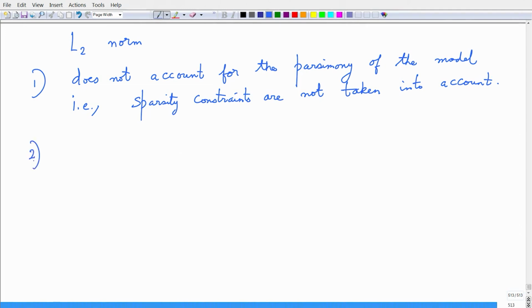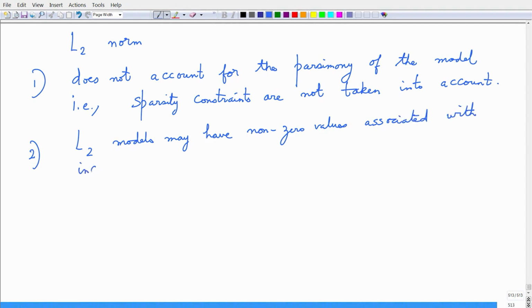And a related consequence is L2 models may have non-zero values associated with inconsequential variables. That means those variables which are not useful for us.